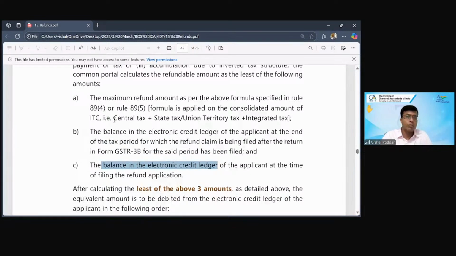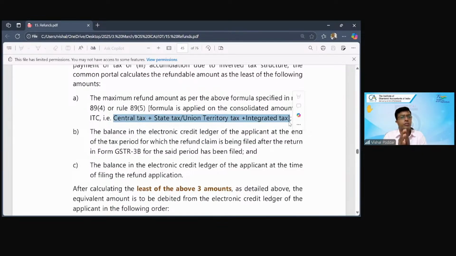Fine. Now, one more point: they have said that while applying the formula, you will take the ITC balance. Now, ITC will comprise CGST also, SGST also. So the question is whether I have to do tax-wise, that is, separate refund calculation for CGST, separate for SGST, separate for IGST. They are saying no. You add up all your credit ledger balance, C plus S plus I, whatever you are having.